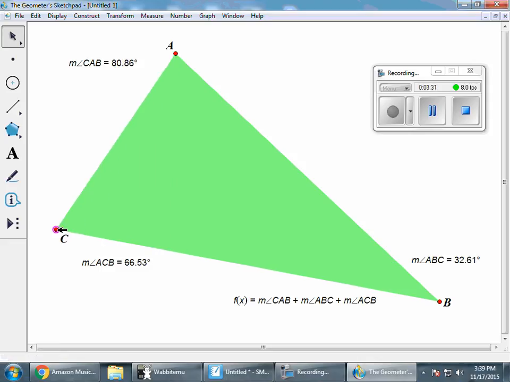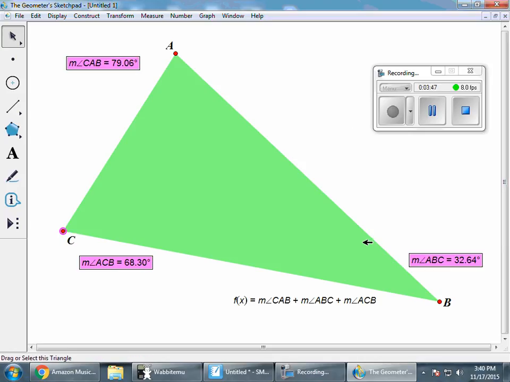So then lastly, I'm going to drag this one around, and these change. And one last time, add the measure of ACB plus the measure of CAB plus the measure of ABC. And you should get 180 degrees, showing you that the sum of the interior angles of any triangle equals 180 degrees.